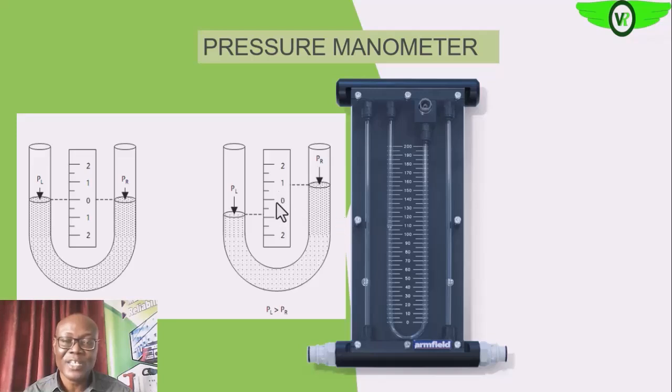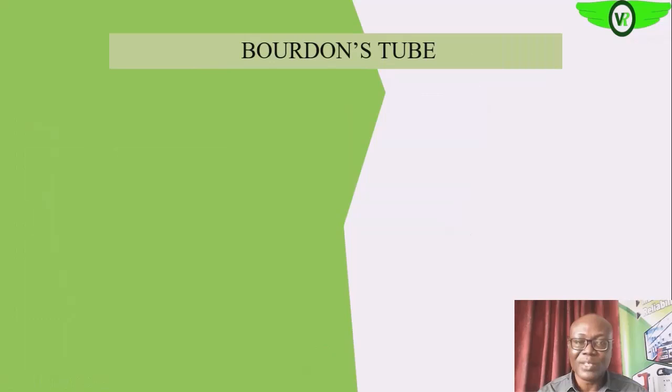If each of these is 1 atmosphere, it means that we have almost 2 atmospheres here. That will be equal to the pressure of the fluid that this end of the manometer is subjected to. So that's the pressure manometer.